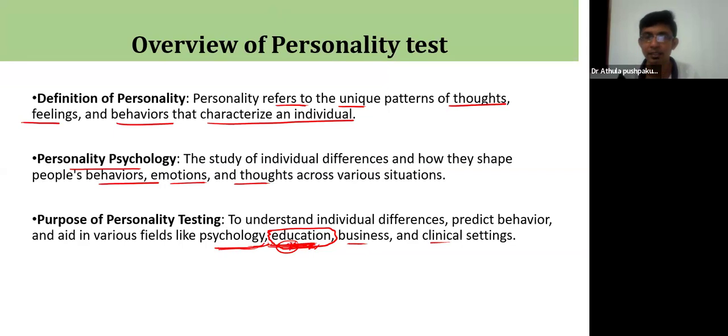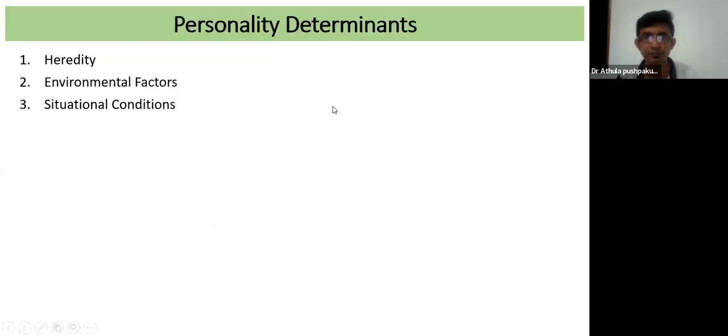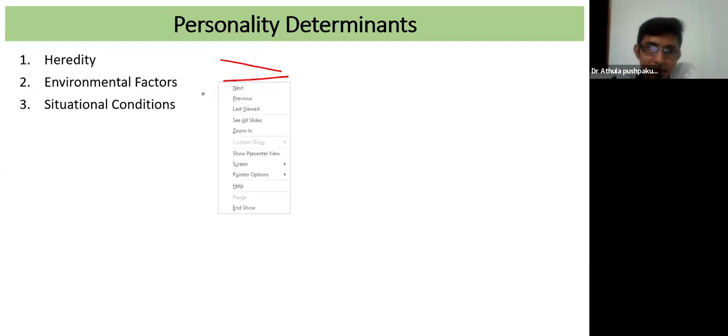The next point. What are the things that can be identified? The personality determinants. What are the factors that impact personality? The first is called heredity, another is the environmental factor, and another is situational conditions.